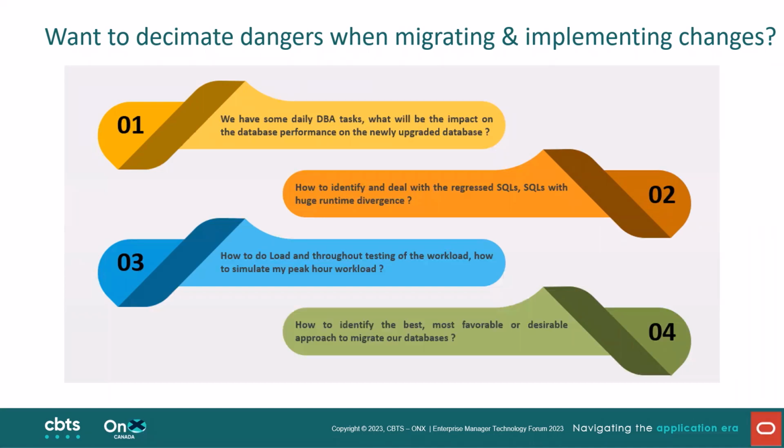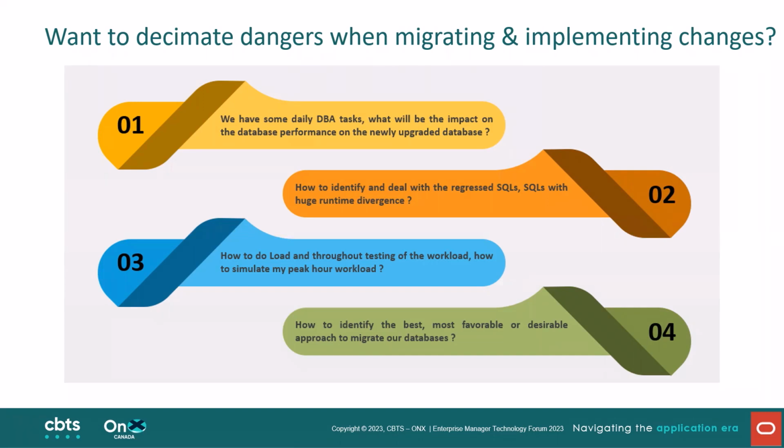Another question that I remember they usually ask is how to identify and deal with regressed SQLs, like SQL with a huge runtime divergence. For example, they have this critical SQL which is part of a critical workload, a critical application, a batch run that happens every day, a few times a day, right?